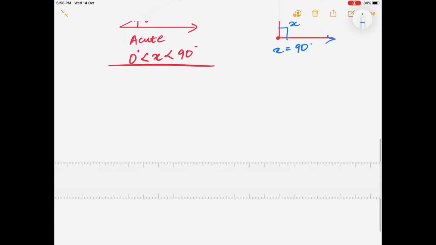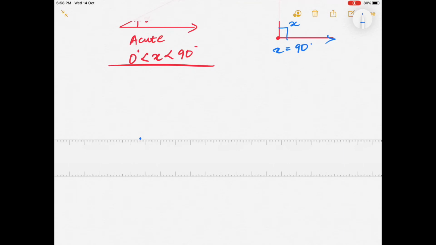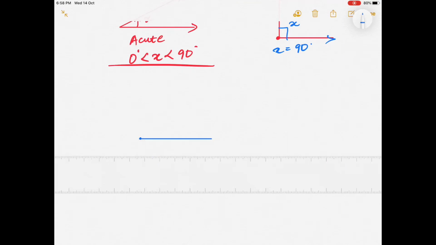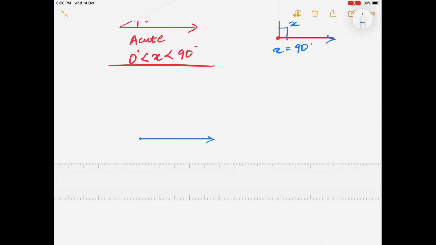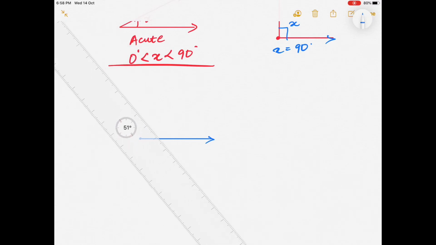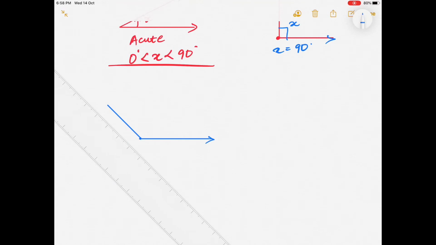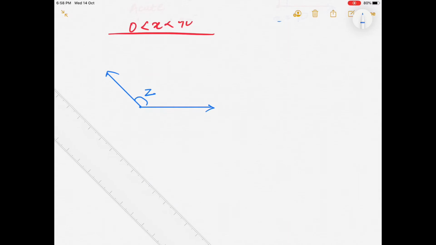Now let's take this as an originating point, and a ray is originating from this point like this, and another ray is originating from this point like this. So now this angle will be Z. What type of angle is this?